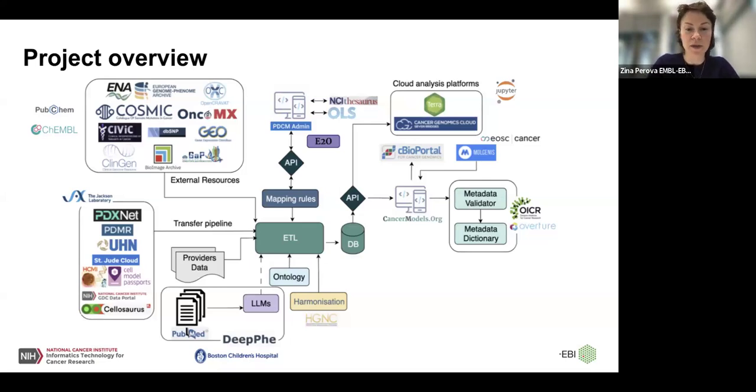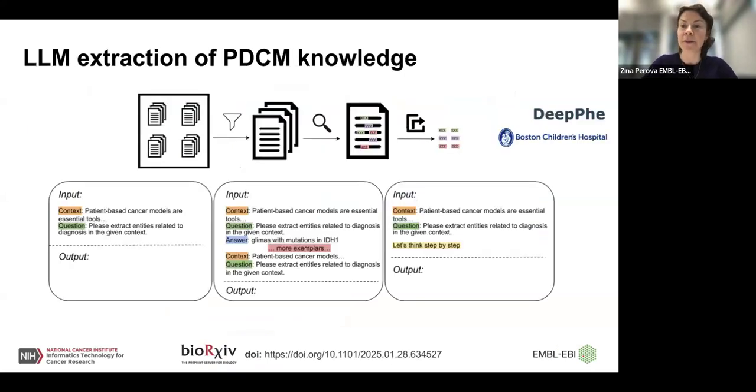So we paired with collaborators at the DeepFi project in Boston Children's Hospital, and did a feasibility study of extraction of patient-derived cancer models knowledge from scientific texts using several large language models and using different methods, so direct prompting and soft prompting.